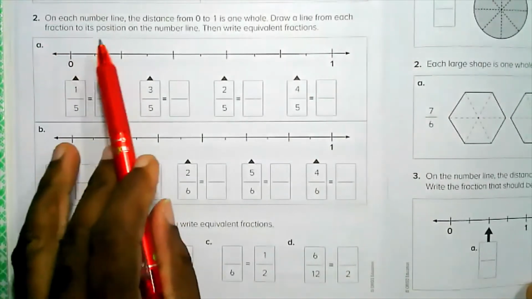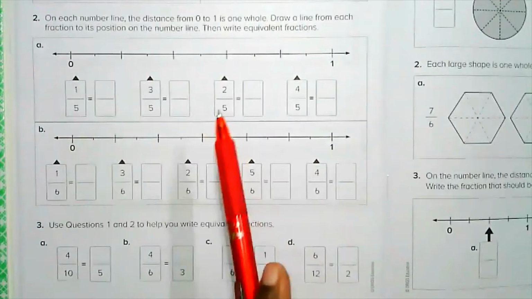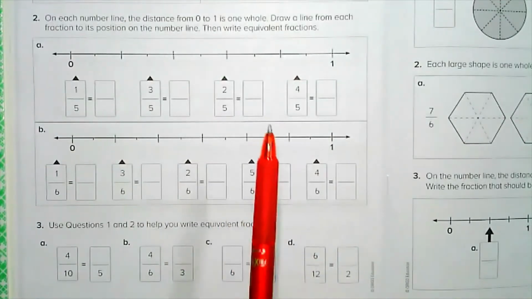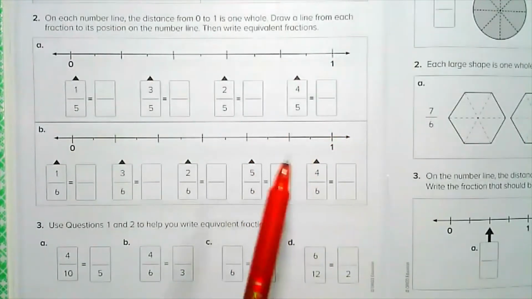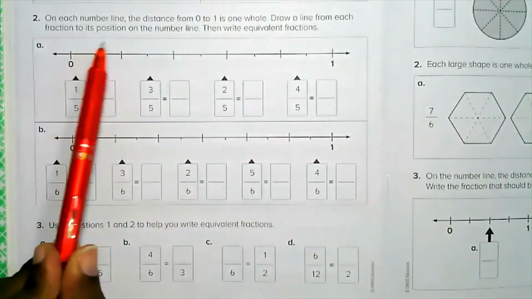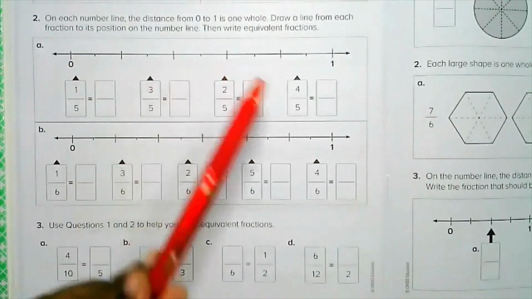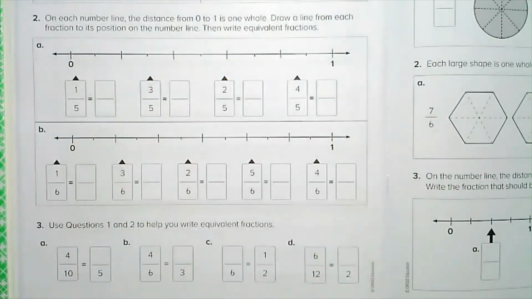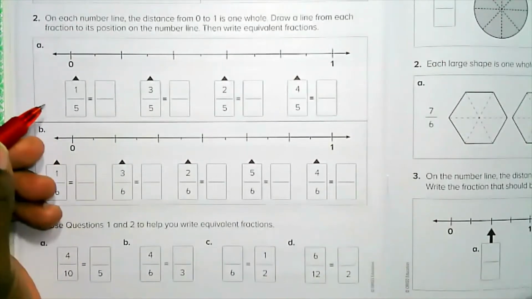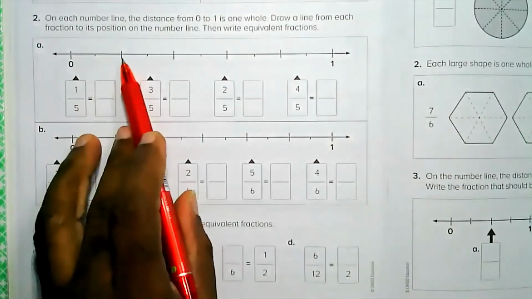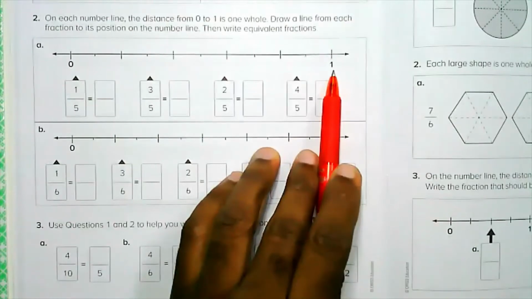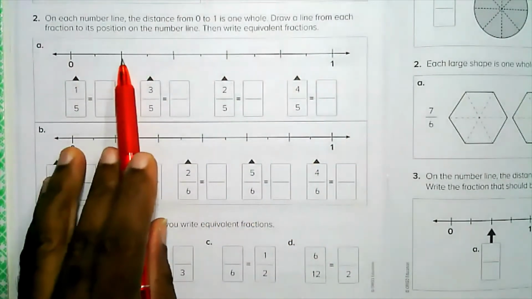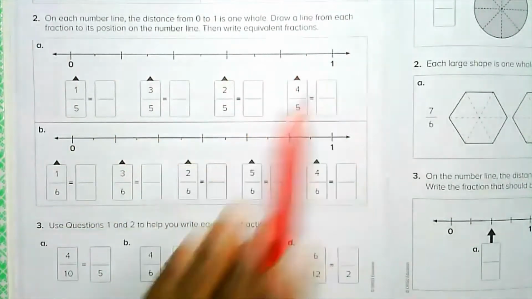Number 2, on each number line, the distance from 0 to 1 is a whole. Draw a line from each fraction to its position on the number line, then write the equivalent fraction. So we have 1 here, split into 1, 2, 3, 4, 5.